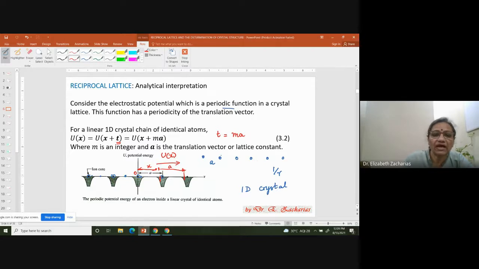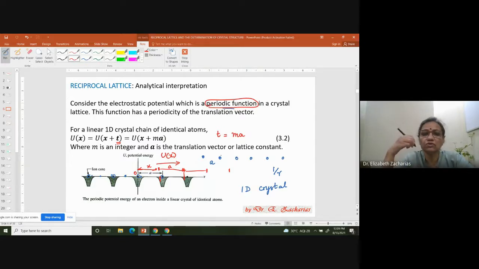Okay, so what I see here will be what I see here, will be what I see here. The potential energy keeps repeating itself for every A, so I'm going to see a periodic function.